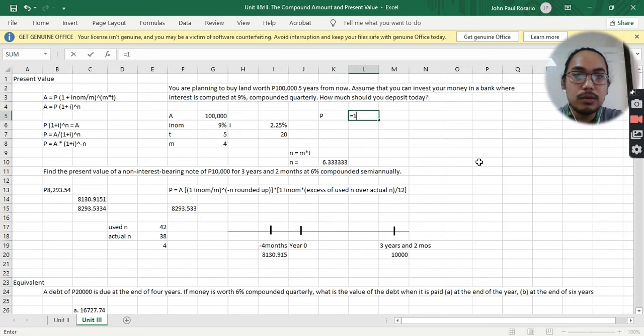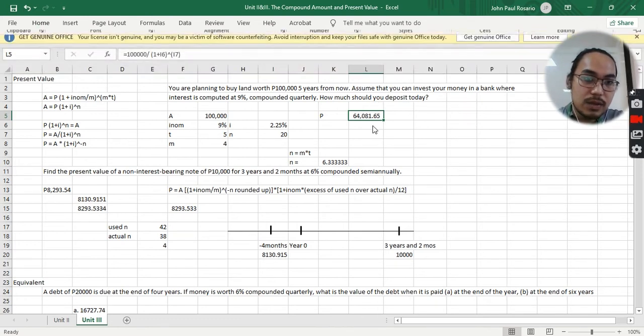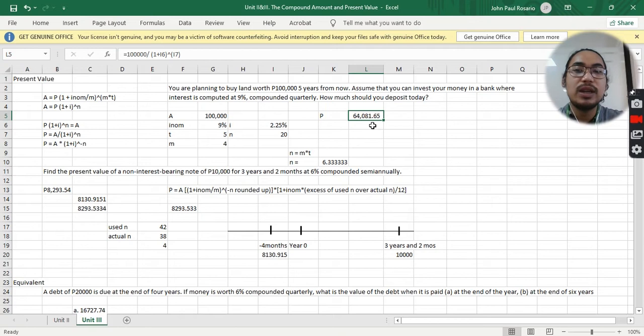So, in solving for our present value, we can solve it by dividing the compound amount. So that's 100,000 divided by 1 plus our i, which is 0.025, and we raise that to our total n, which is 20. Our present value, or the money that we should deposit today for it to grow to 100,000 in 5 years with an interest of 9% compounded quarterly, is 64,081.65 pesos.